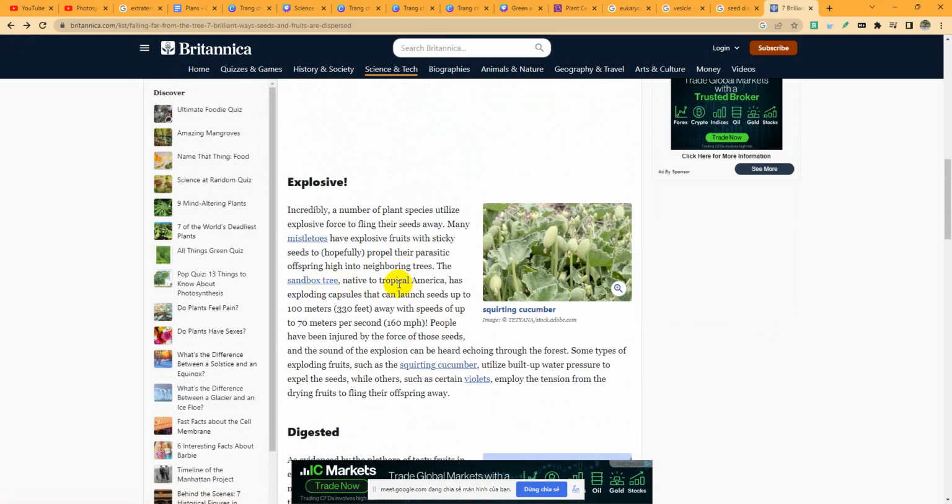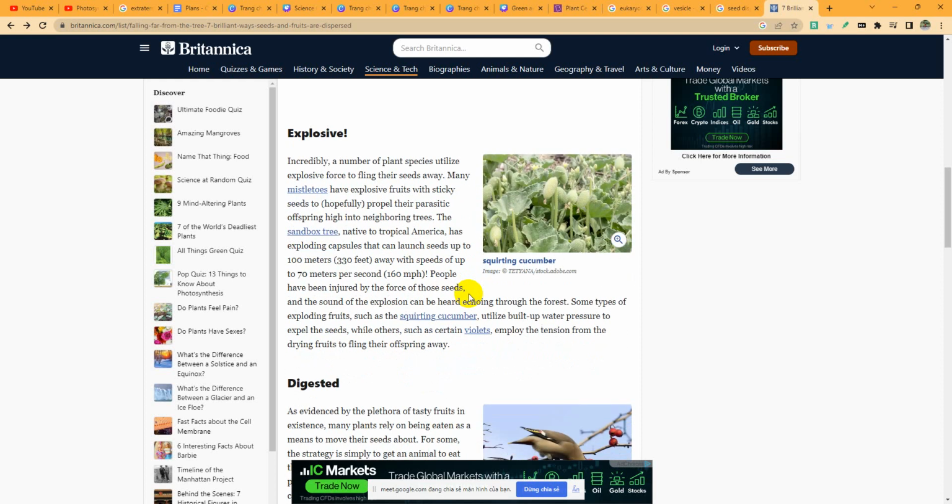The sandbox tree, native to tropical America, has exploding capsules that can launch seeds up to 100 meters away with speeds of up to 70 meters per second. People have been injured by the force of those seeds, and the sound of the explosion can be heard echoing through the forest.